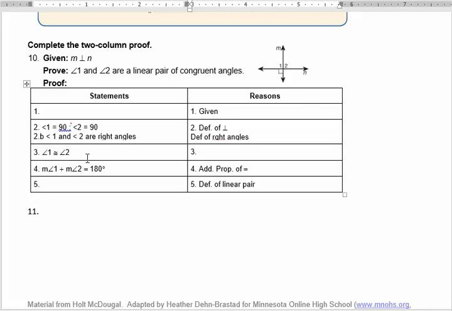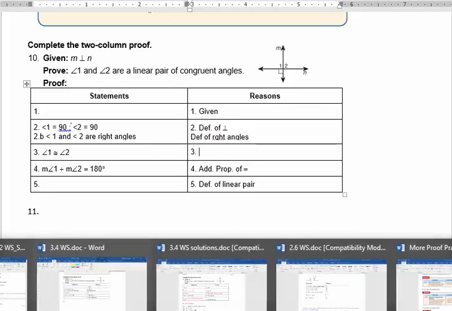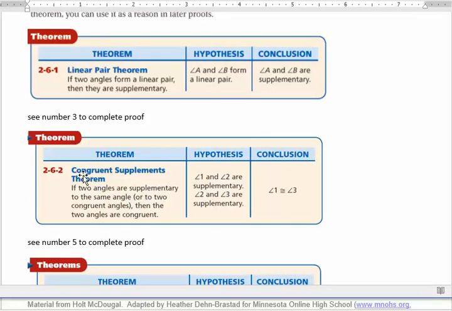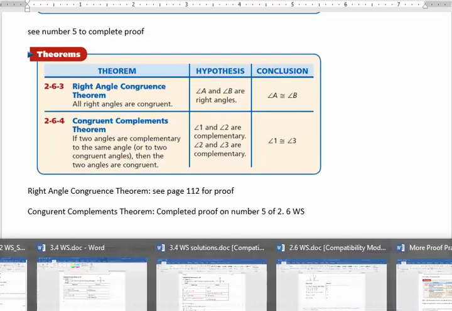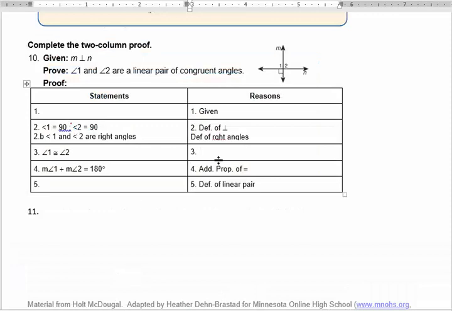And then I'm going to use that angle 1 is congruent to angle 2 because all right angles are congruent to each other. And you could look back at the exact theorem that said that. It's the right angle congruence theorem. All right angles are congruent. I'm just going to do THM.